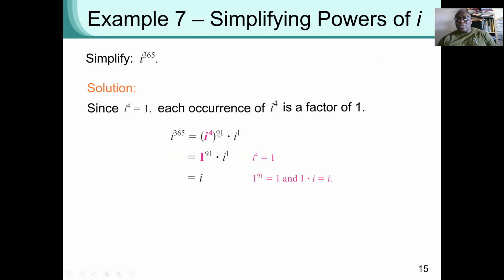The closest number is 91, because 4 times 91 will give me 364. So I need 1 more, so i to the power 1. And we know i to the power 4 is 1, so 1 to the power 91 will give me 1. i to the power 1 will give me i, so 1 times i will give me i.